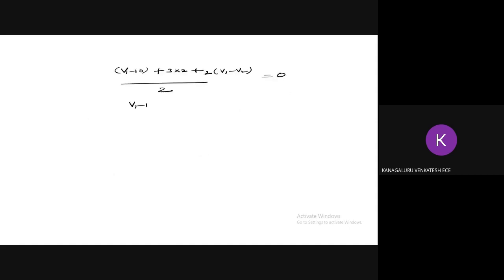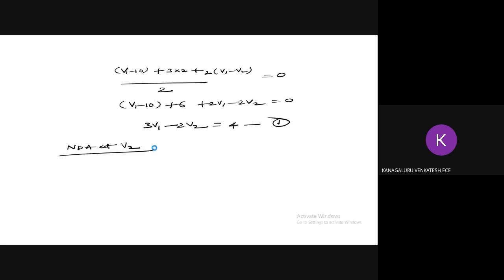V1 minus 10, plus 6, plus 2V1 minus 2V2 is equal to 0. So V1 how many times? 3 times, 3V1. V2 how many times? 2 times, minus 2V2. Minus 10 plus 6 is minus 4. If I take that to the right hand side, it is going to be plus 4. Equation 1.